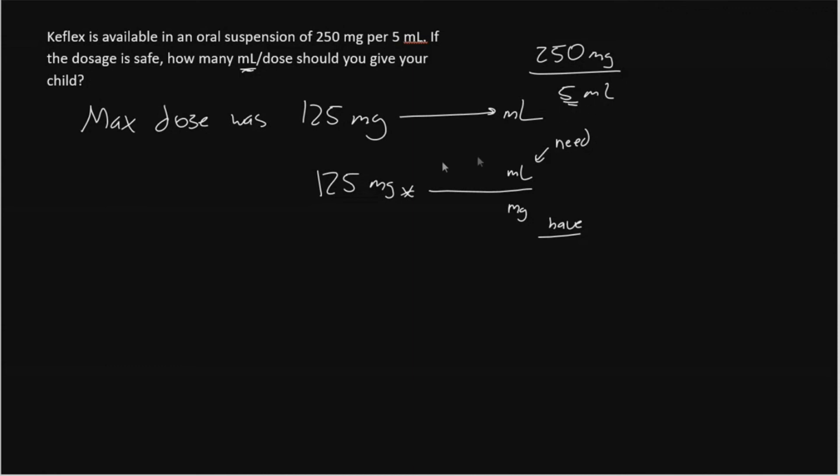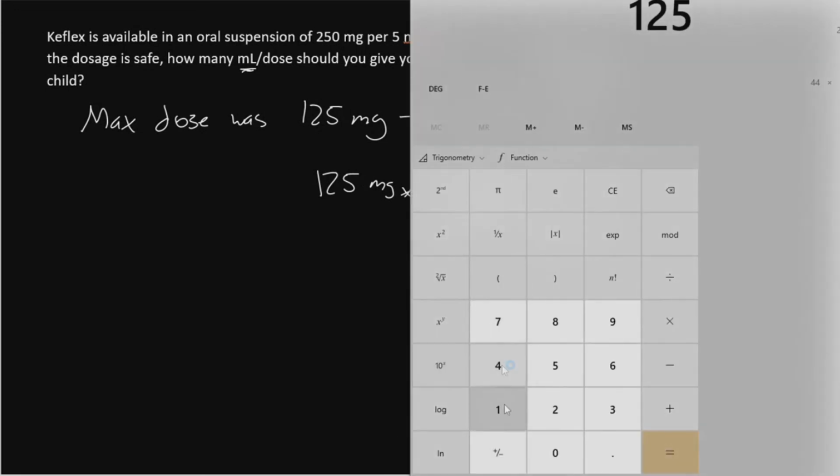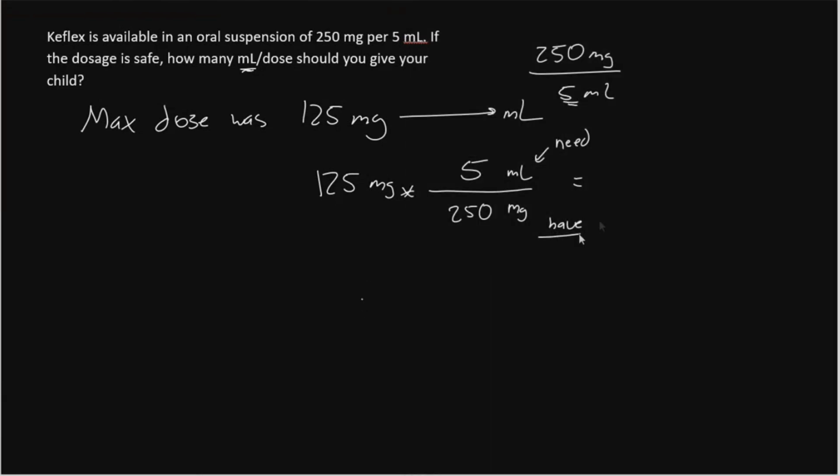Because the 5 is next to ml, we place it in the ml position. 250 was next to mg, so we place it in the bottom position. Now our operation will be 125 multiply 5 divide 250. So we'll say 125 multiply 5 divide 250, and we end up with 2.5 ml.